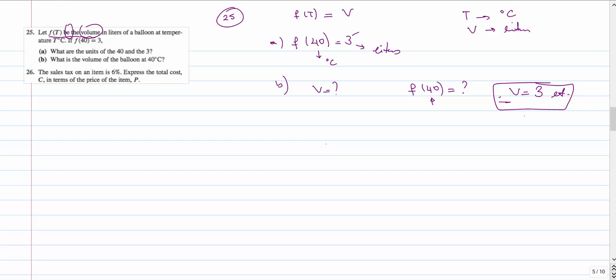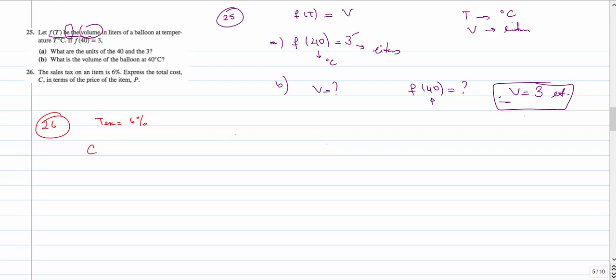For problem 26, the sales tax on an item is 6%. Express the total cost in terms of the price of the item.